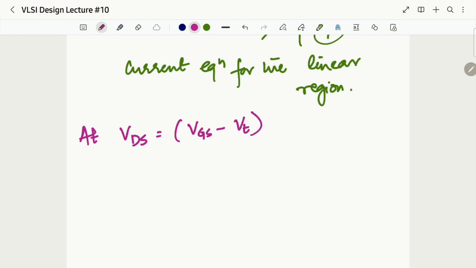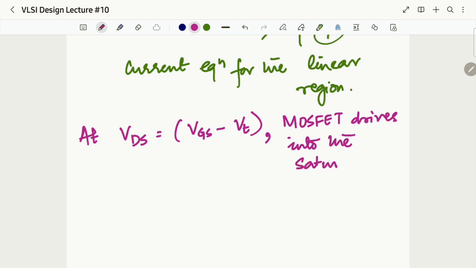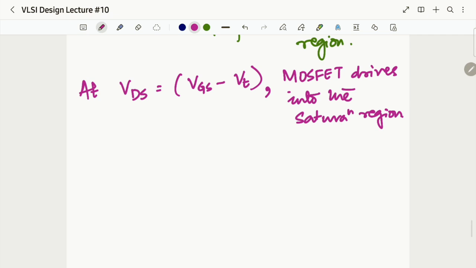At this point my MOSFET will drive into saturation region. Okay.